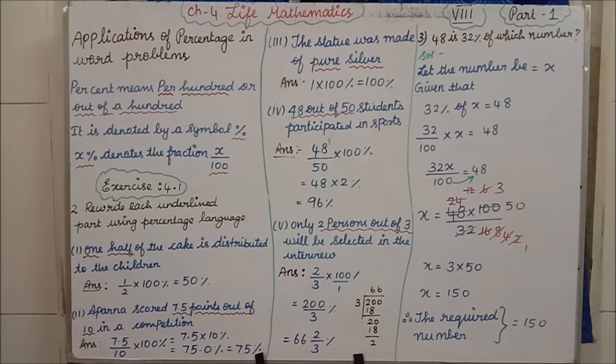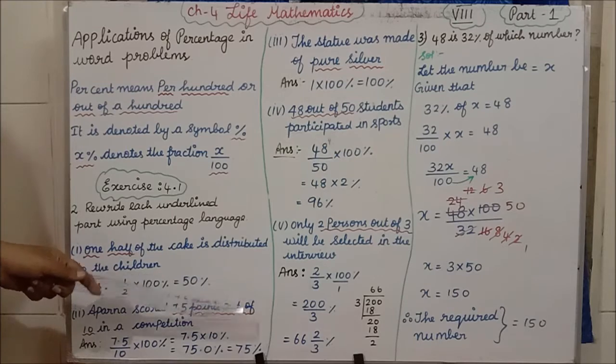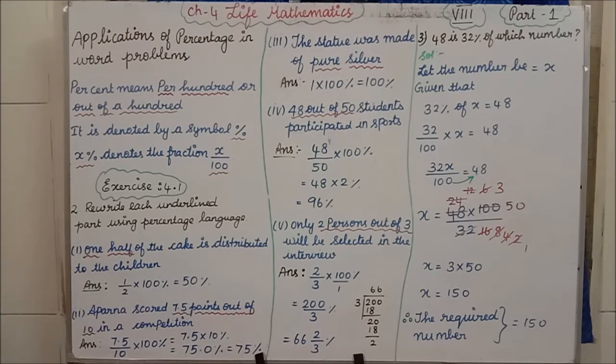Now see the next question. Aparna scored 7.5 points out of 10 in a competition. Which means out of 10, she has got 7.5 marks. How can we say that in percentage? 7.5 out of 10 is 7.5 by 10 into 100 percentage.